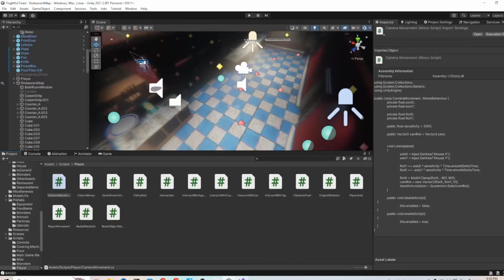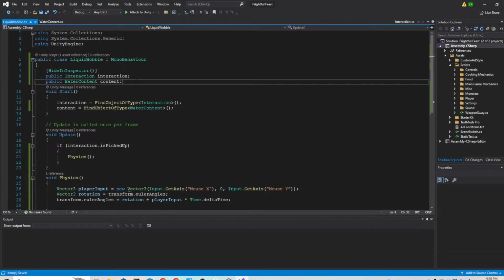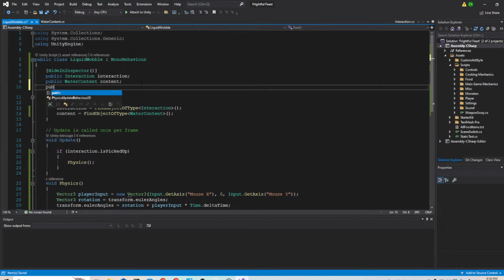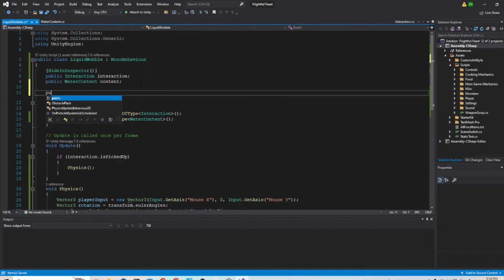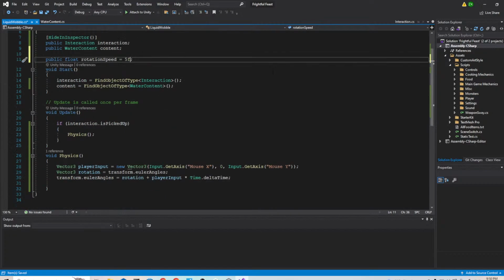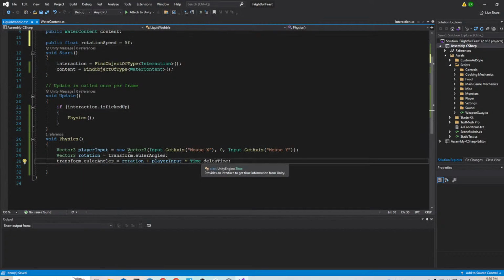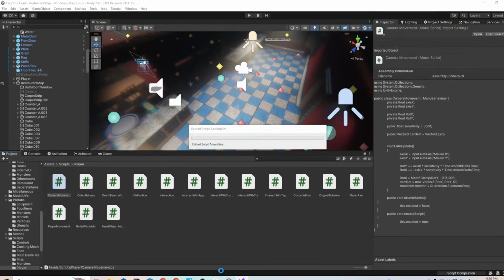Alright, we need to make this public speed. Public float rotation speed, and we'll set that to 5 maybe. Times rotation speed. That may work.